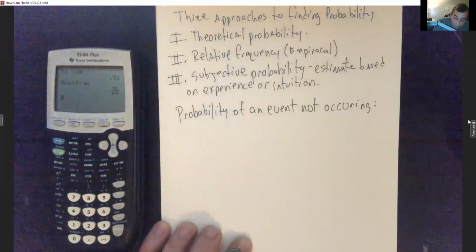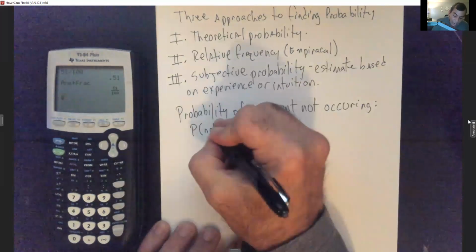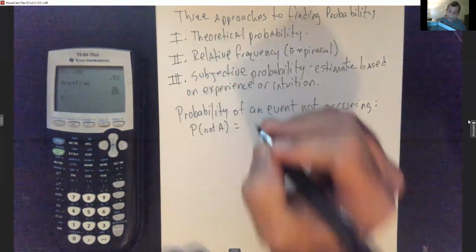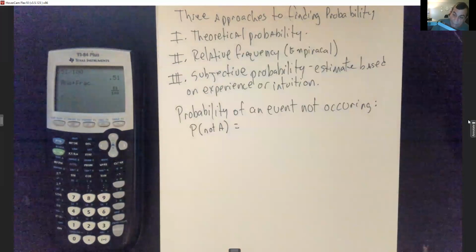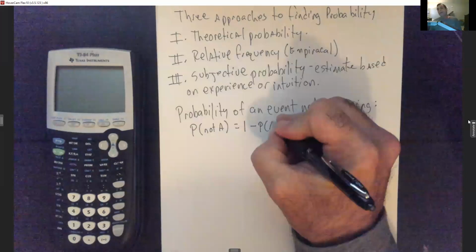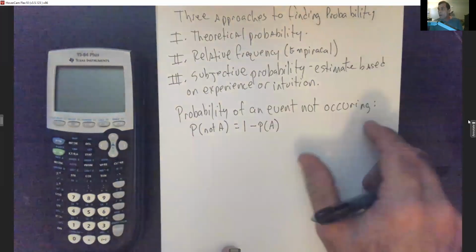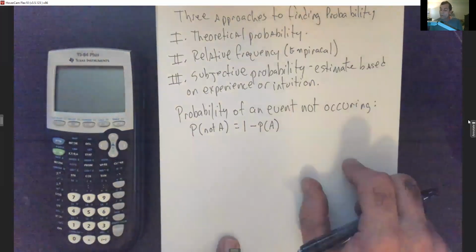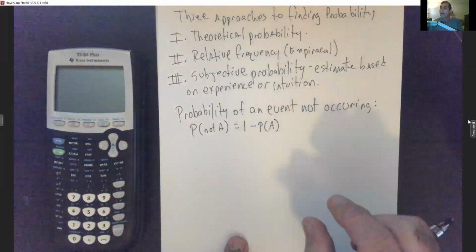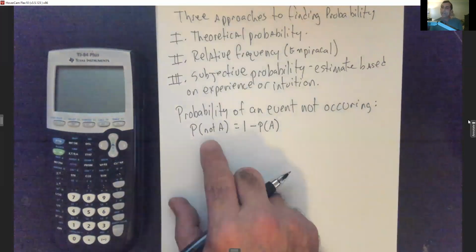So the probability that not A will happen is 1 minus the P that A could happen. So what we're saying, if there was a 50% chance or a 1 out of 2 chance that I would draw 1 head and 1 tail, there's equally a 50% chance that I will not get 1 tail and 1 head.